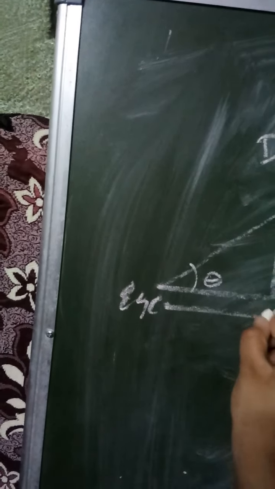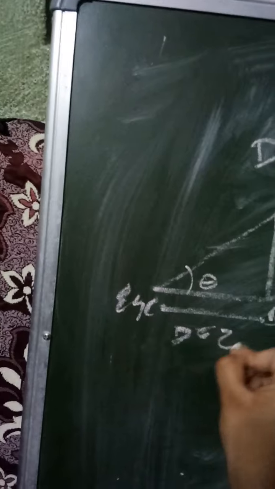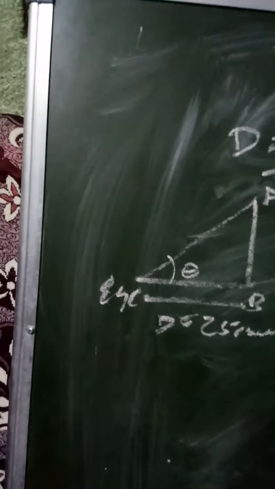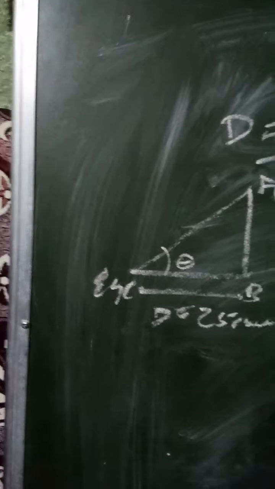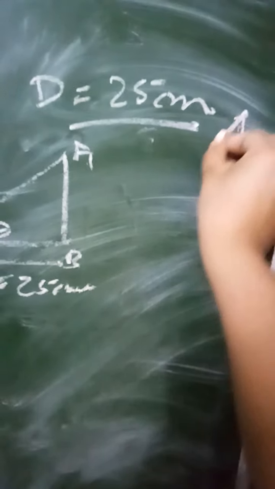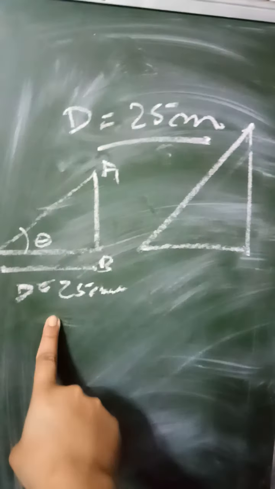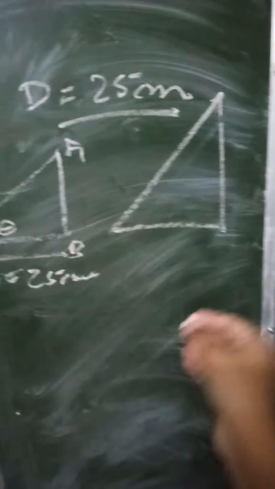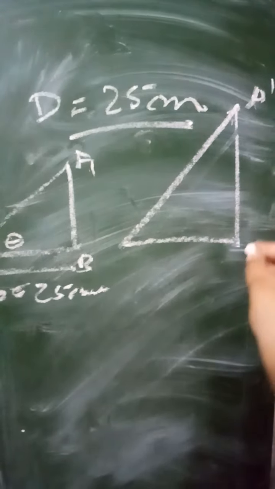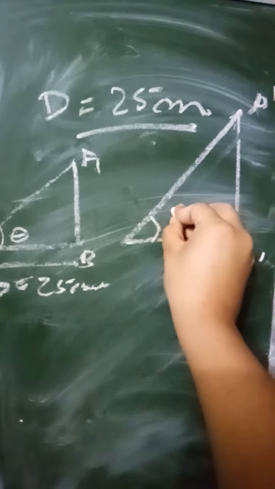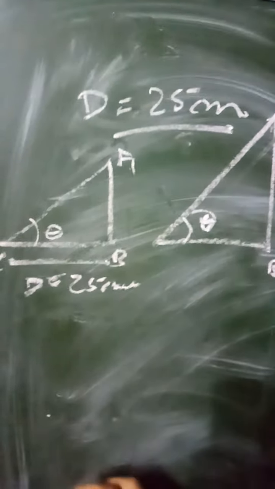So the minimum distance D should be 25 centimeter. If the image is formed, the image will be larger than the object. You will see the difference. This is the object, this is the image. The image is formed, A dash B dash, and this is theta.